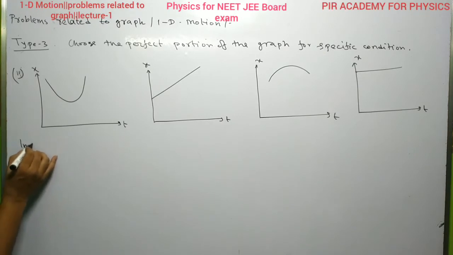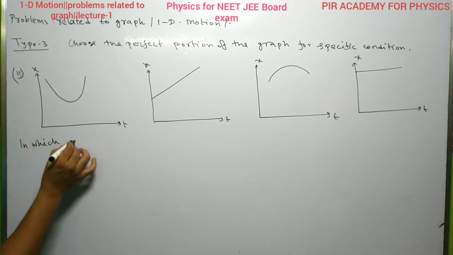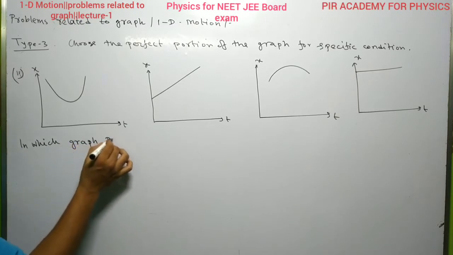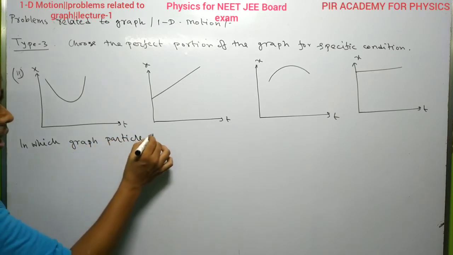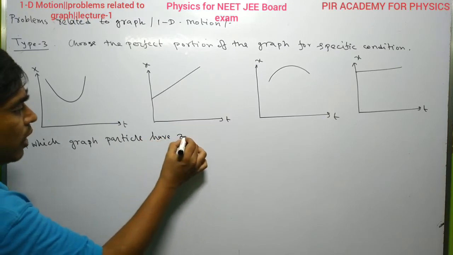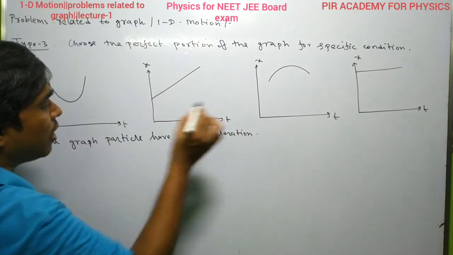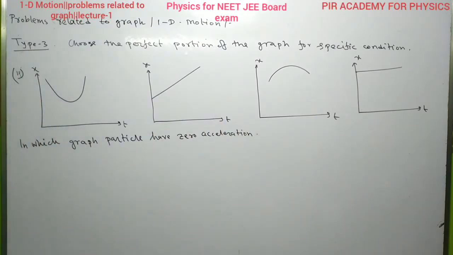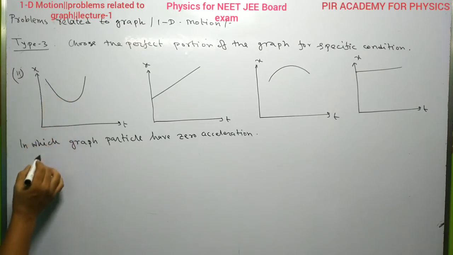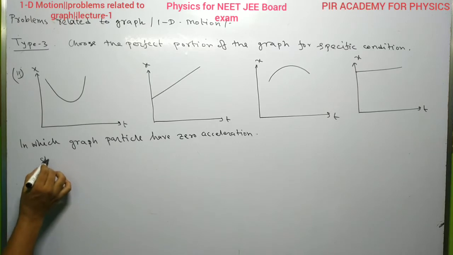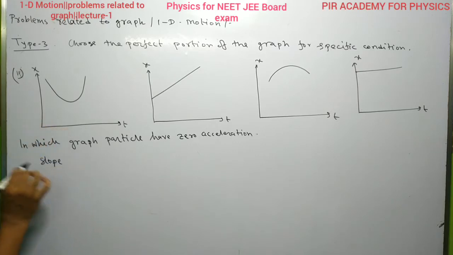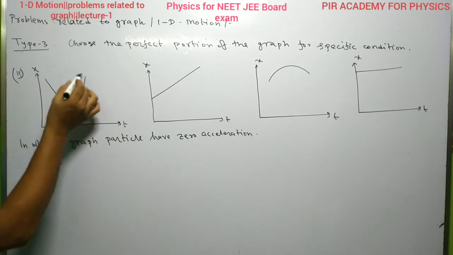In which graph does the particle have zero acceleration? Here you have to calculate the zero acceleration. So in this graph, in this condition the slope is decreasing or increasing.